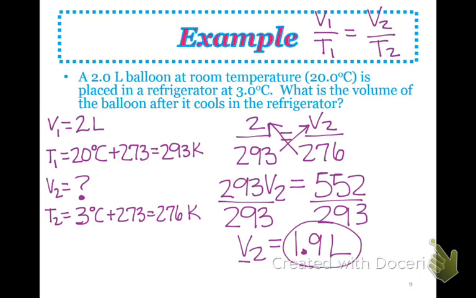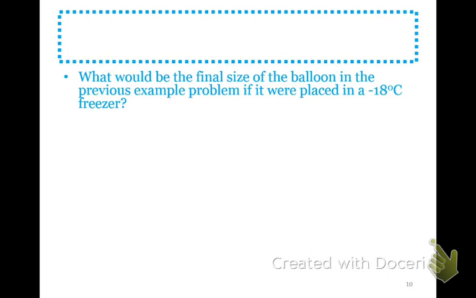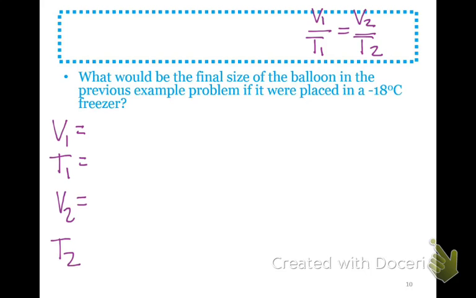Alright, so let's do another one. Okay, what would be the final size of the balloon in the previous example problem if it were placed in an 18-degree freezer? So again, we're still using that same equation. V1 over T1 equals V2 over T2. So V1, T1, V2, T2.